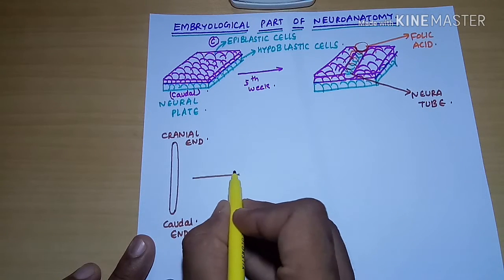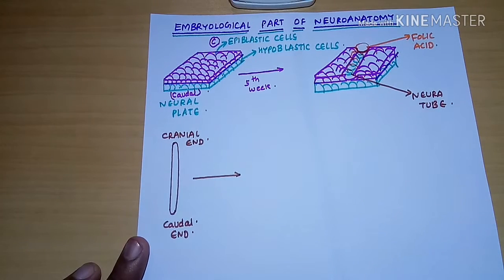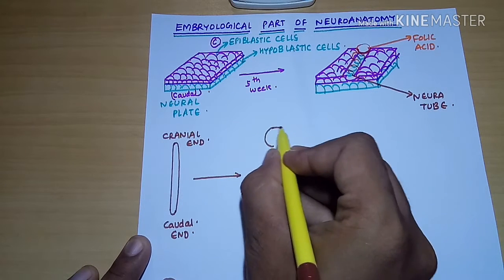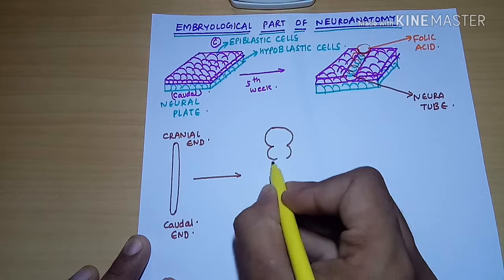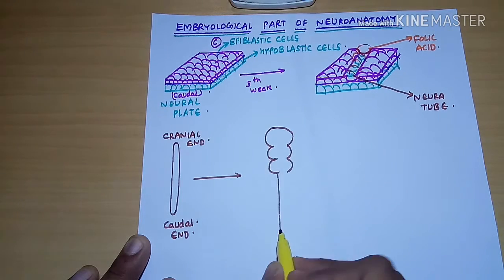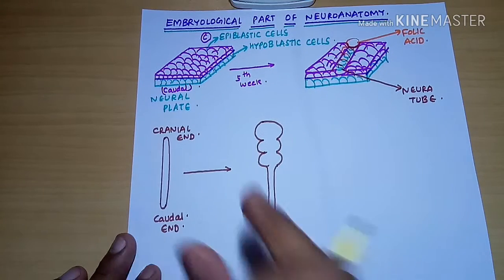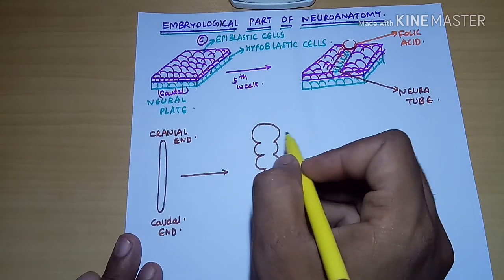Now at the cranial end of the neural tube, 3 swellings are formed.